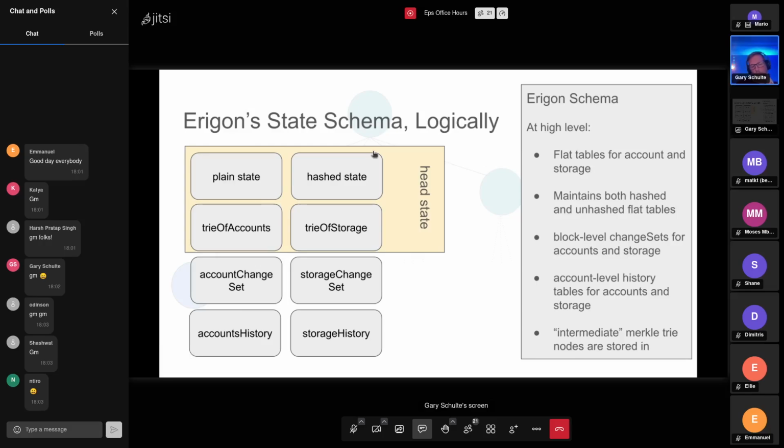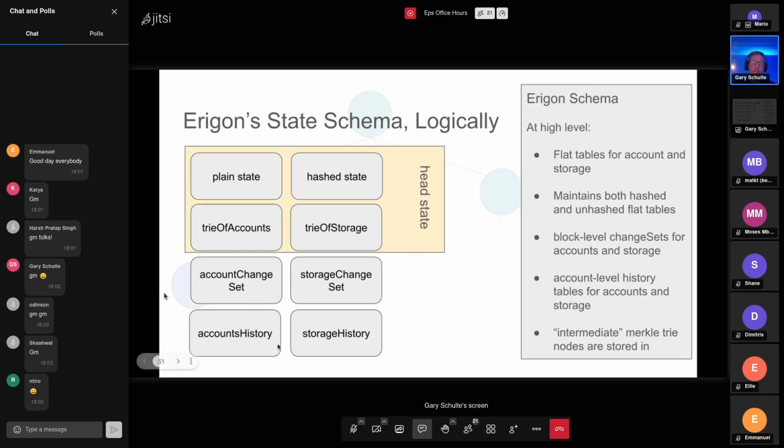So whatever happened at, for example, block 4, you're going to have some storage that was changed in block 4, and there's some account that was changed in block 4. This table is indexed by the block number and the key that was changed, either the account key or the storage key. So when you want to do a historical query, say what happened in block 4, you're going to go to the account change set and see what happened in that state.